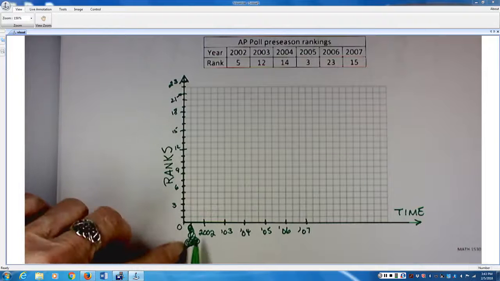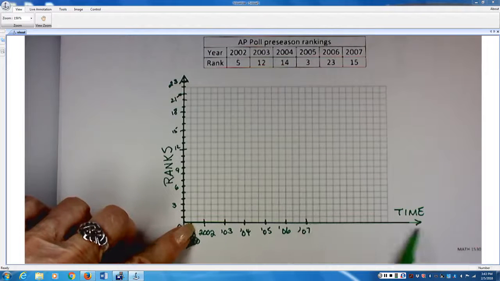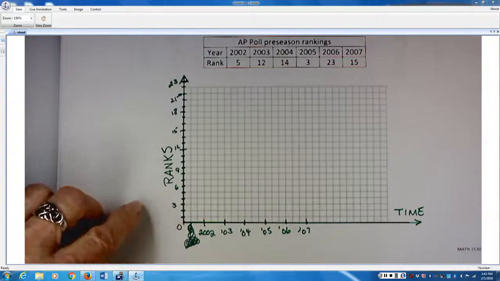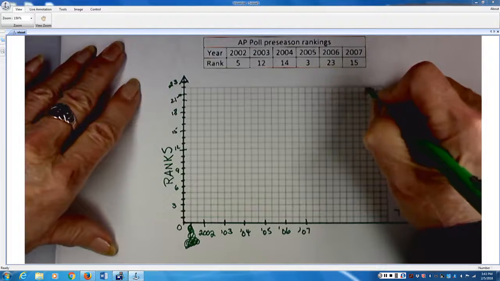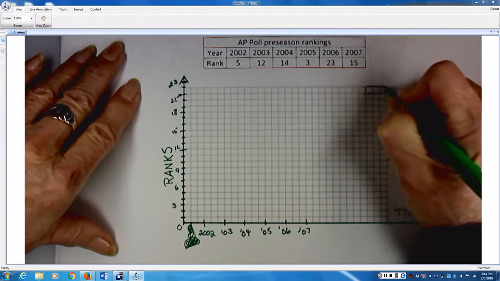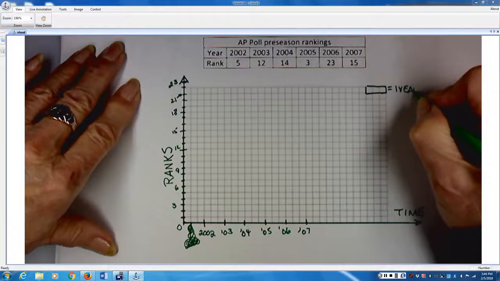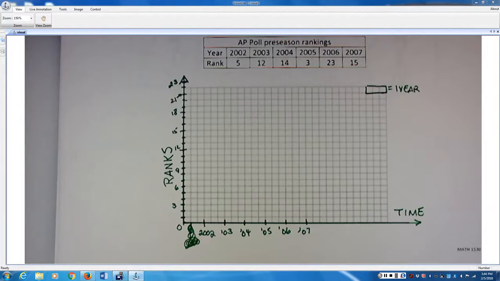Now, the key here wasn't what this is and what this is. It's the fact that I kept these all 3 blocks apart. 3 blocks basically represents 1 year. So you want to keep those, again, equally spaced. That's very important when you make these charts. So in 2002, their ranking was number 5.